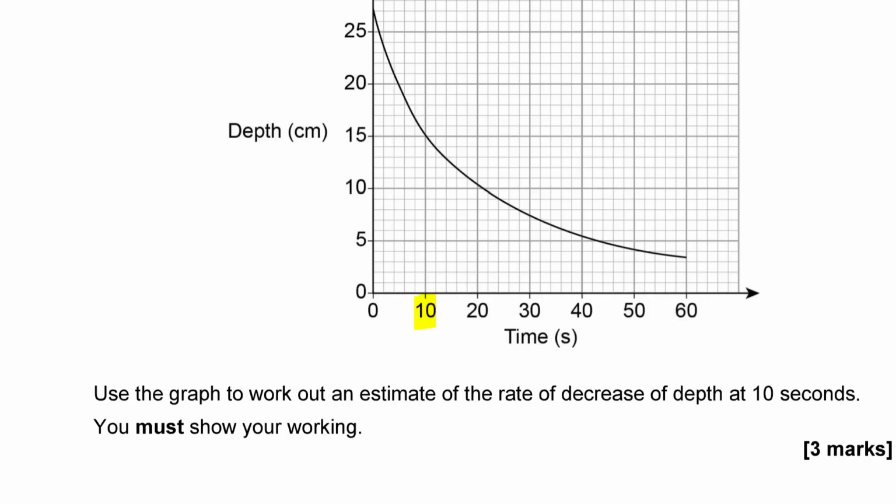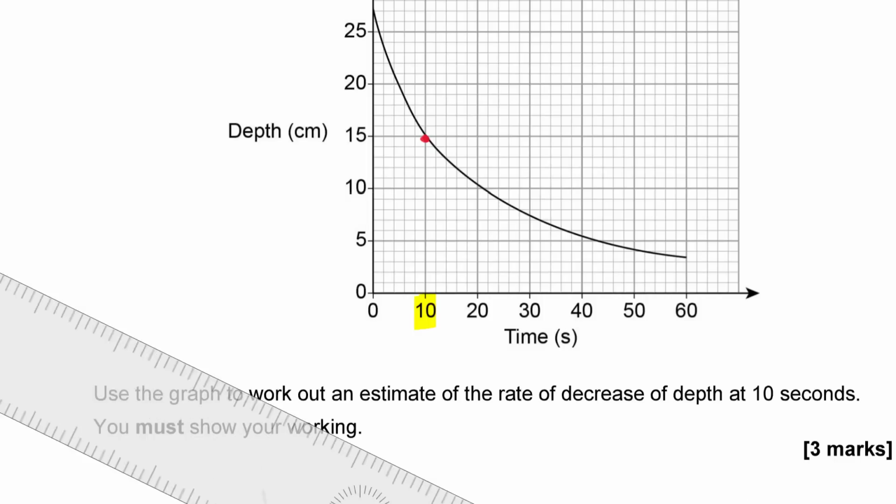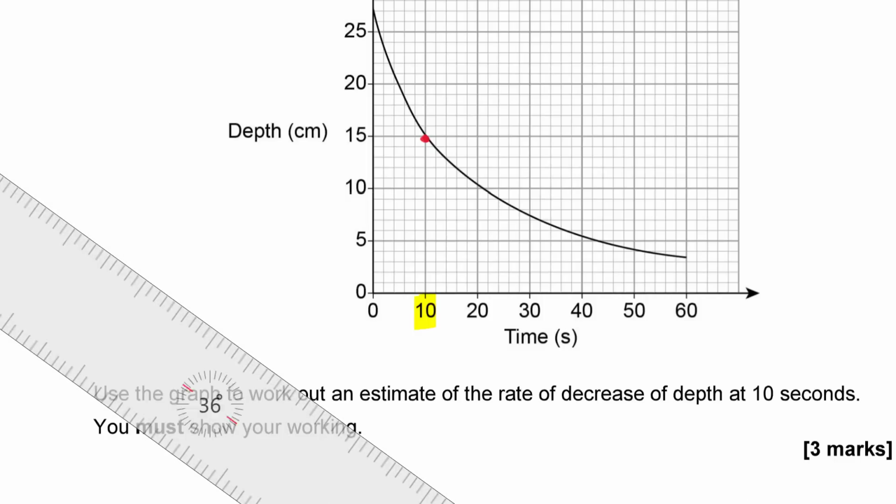Now, if we want the rate of change, the rate of decrease, what we're talking about here is the gradient of the line at that point. So at that point is this point here, isn't it? So we want to know the gradient of the line at that point. Now, that line is a curve, and finding the gradient of a curve is tricky, but finding the gradient of a straight line is easy.